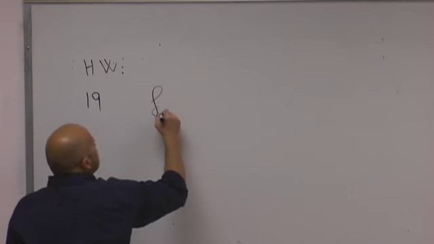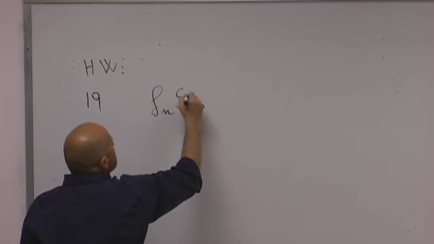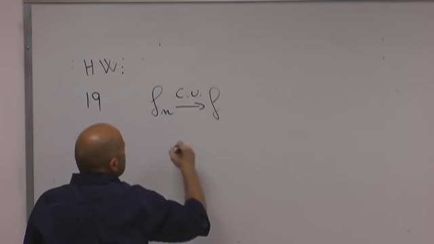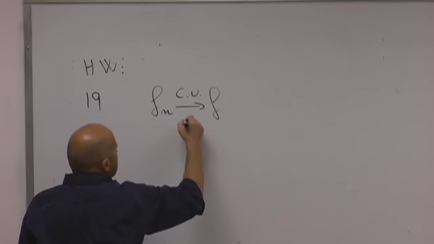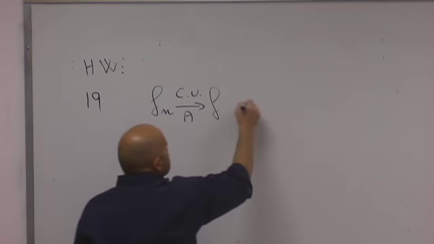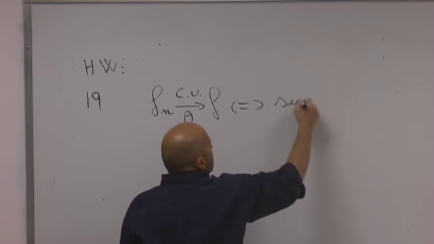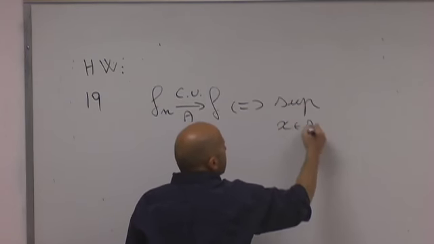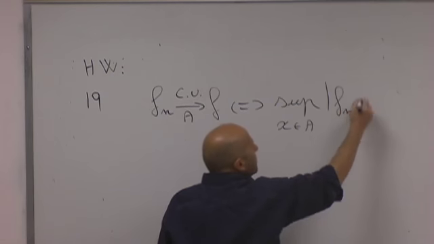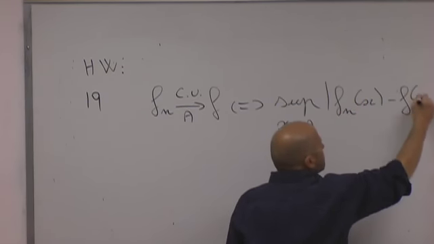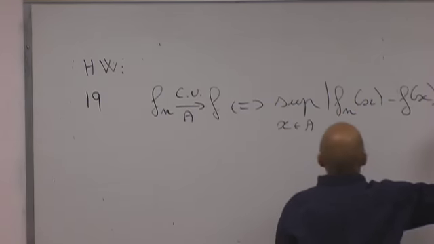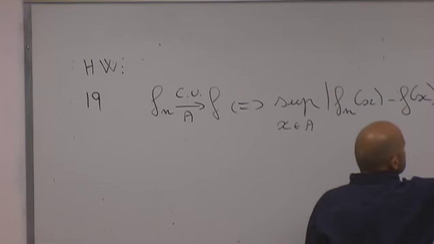When we say that Fn converges to f uniformly on some space A, it means that the supremum over x belonging to A of |Fn(x) - f(x)| converges to 0 as n goes to infinity.